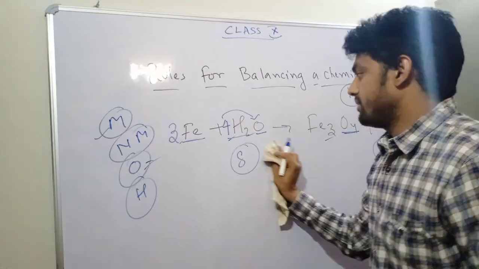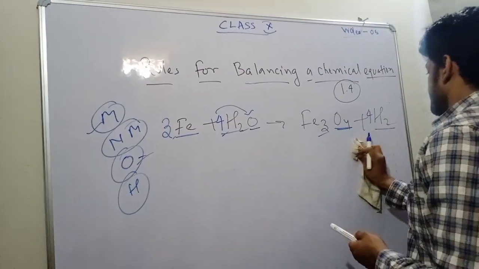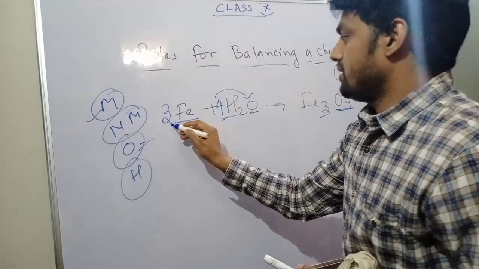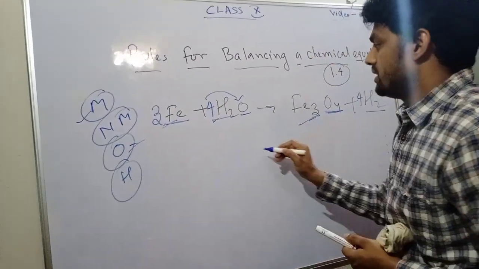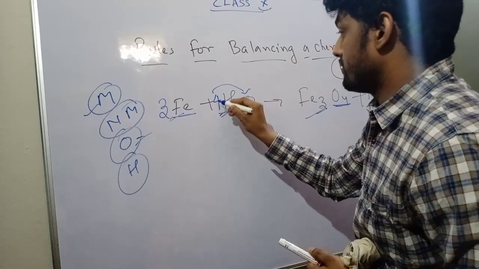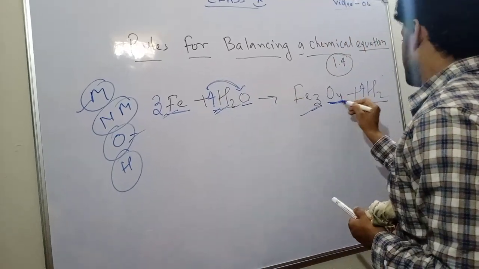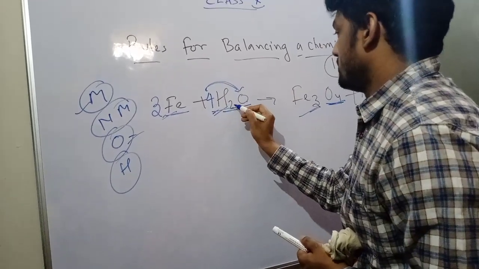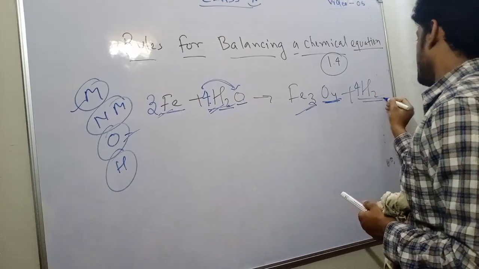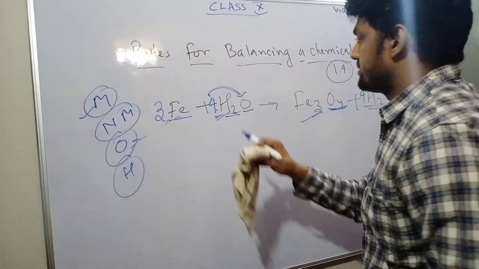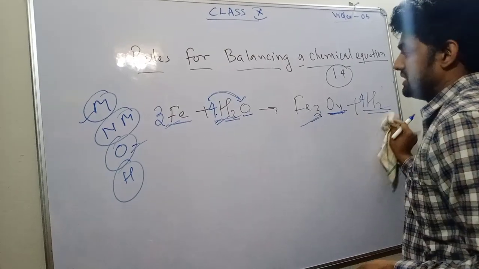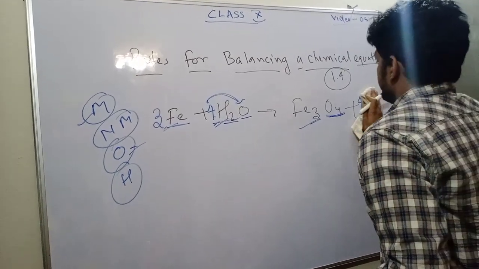Now finally we do one more checkup. Number of Fe is 3, here 3. Number of oxygen 4, number of oxygen 4. Number of hydrogen 8, number of hydrogen 8. This equation is balanced.